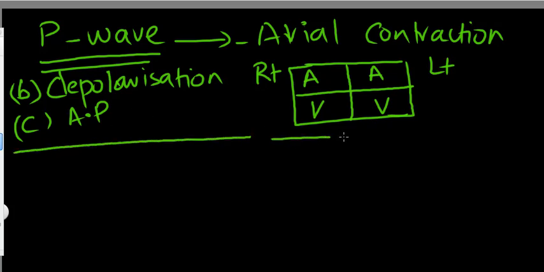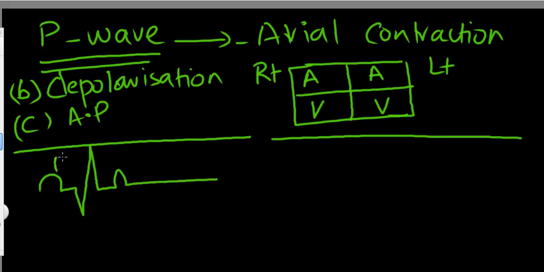So now the P wave indicates your atrial contraction, but how can you see if there is any pathology in this P wave? Normally we see this P wave, and it is not tall, it is perfectly in shape.